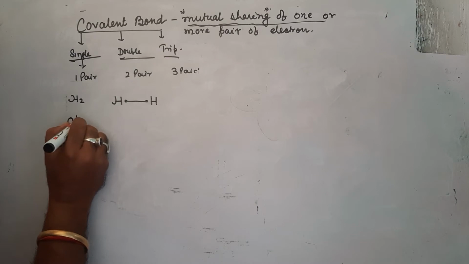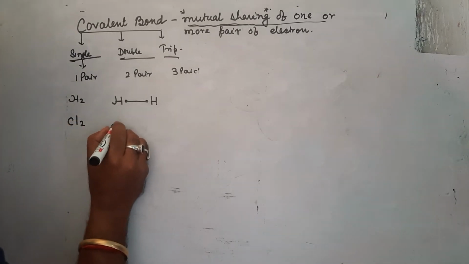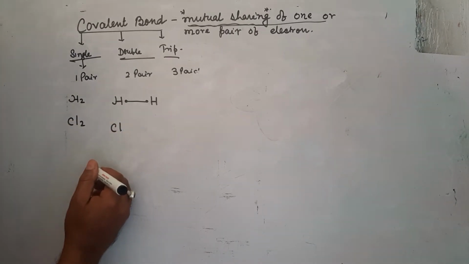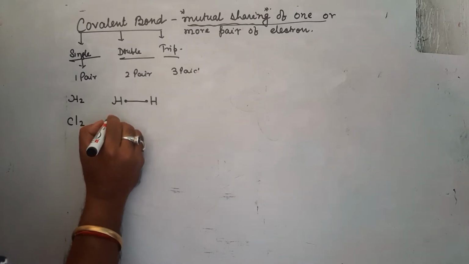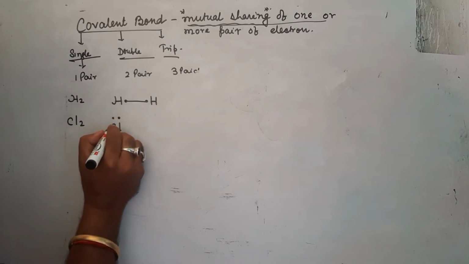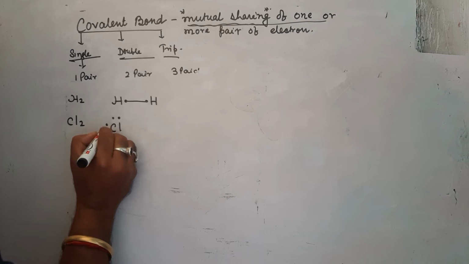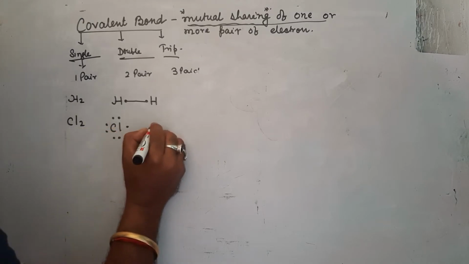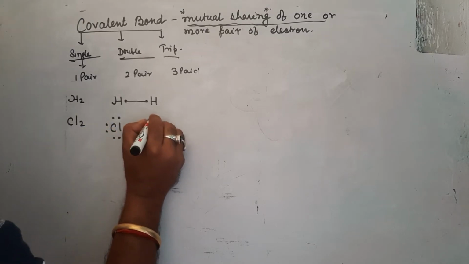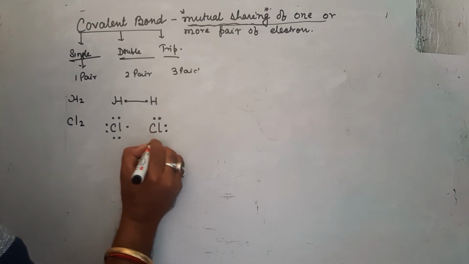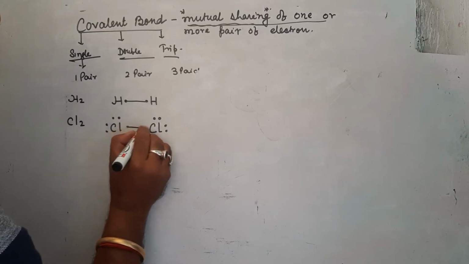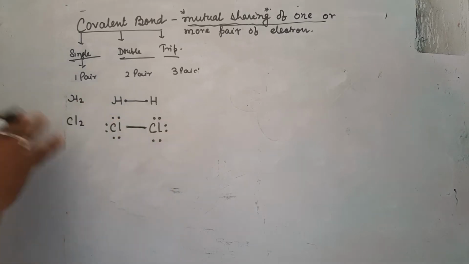If I consider chlorine, Cl2, chlorine has atomic number 17 and outermost shell electrons 2, 8, 7. Here 1, 2, 3, 4, 5, 6 and 7, and in one more chlorine 1, 2, 3, 4, 5, 6 and 7. These electrons are mutually shared.